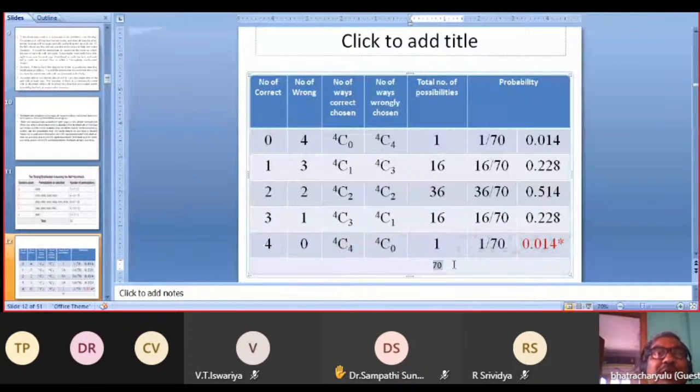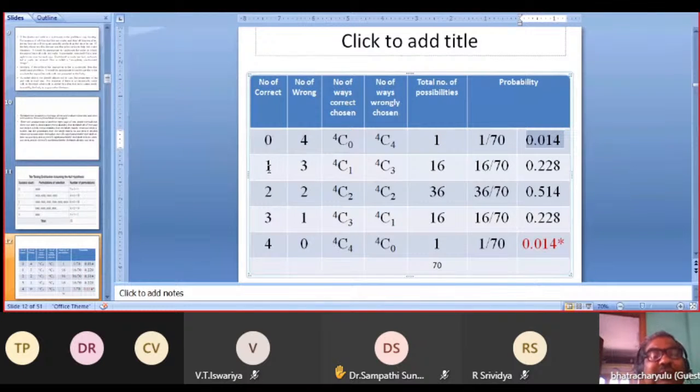Out of those 70 possibilities, the first possibility is all wrong. The probability for giving all wrong is 0.014, very less than 1%.